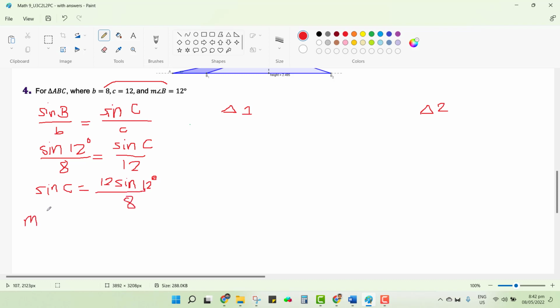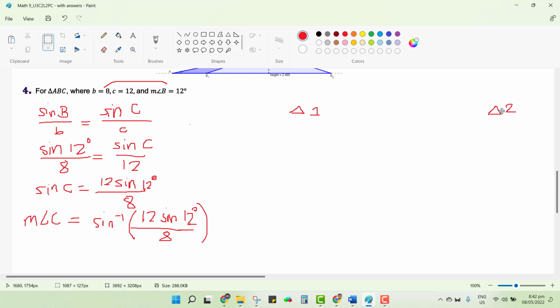And the measurement of angle C is equal to the sine inverse of the exact value of this expression, 12 sine 12 degrees all over 8. So let's get the value of this, and whatever the result, that is where we are going to anchor our analysis.